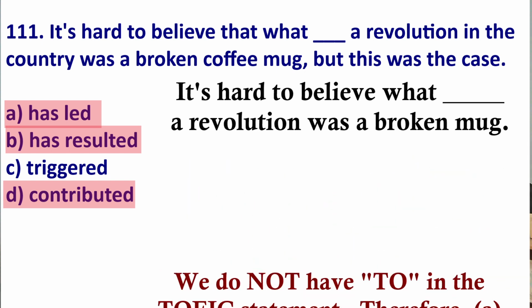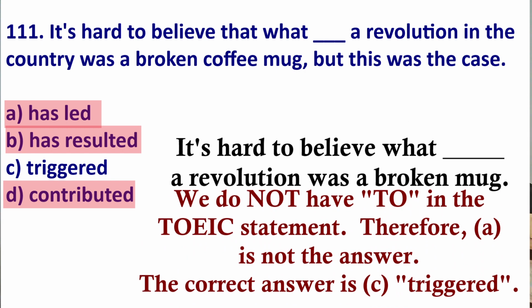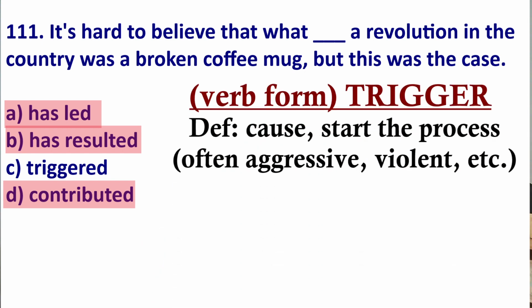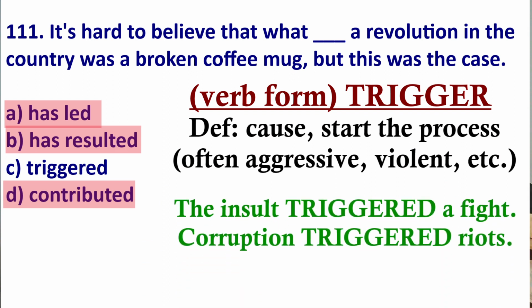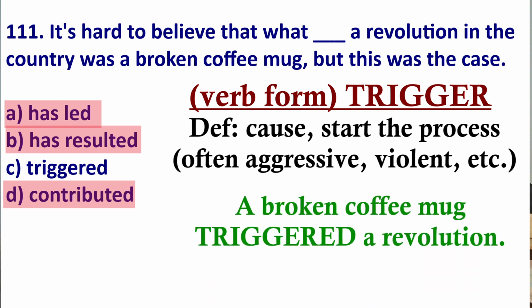We have no to. Therefore, the answer is C, trigger. And trigger means cause, often something violent or aggressive. For example, the insult triggered a fight. Government corruption triggered riots. A broken coffee mug triggered a revolution.